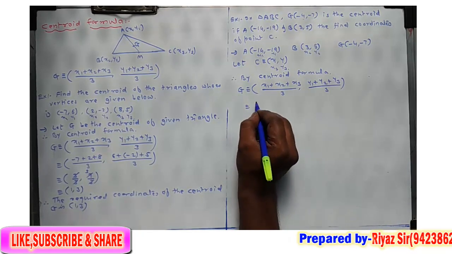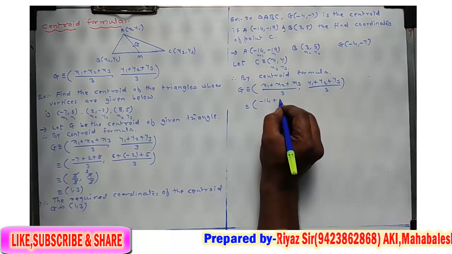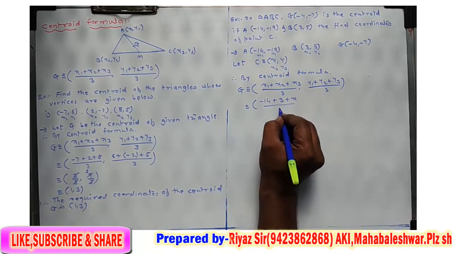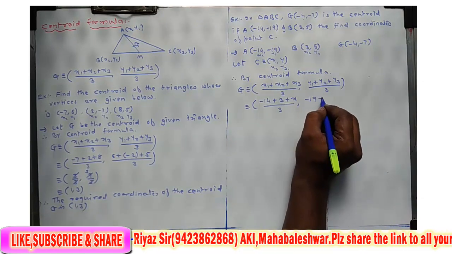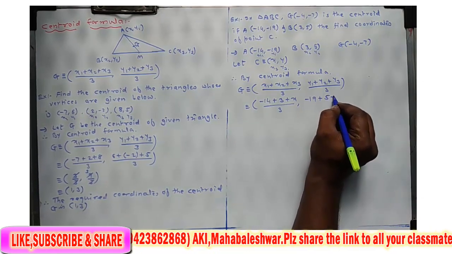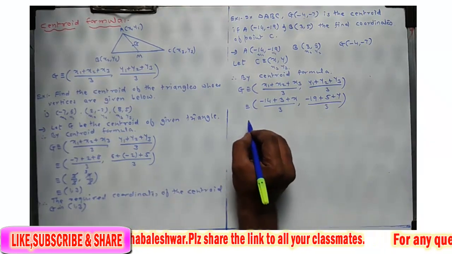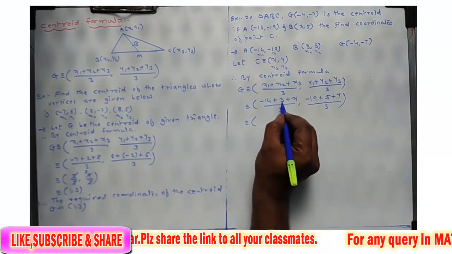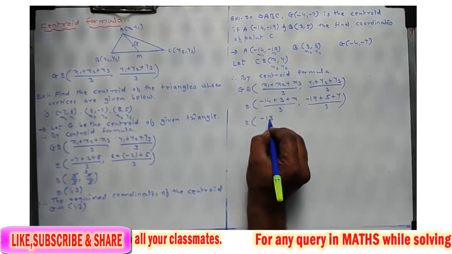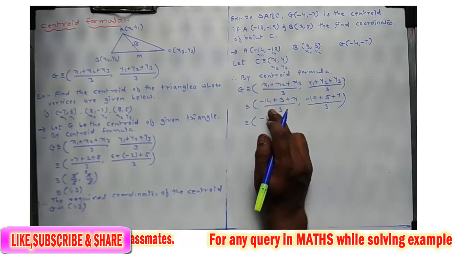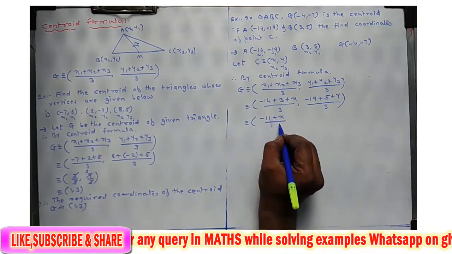That is equal to, now x1 is minus 14 plus x2 is 3 plus x upon 3, comma y1 that is minus 19 plus y2 is 5 plus y upon 3. Now we have to find x and y. Now minus 14 plus 3 is, sorry, not minus 13. How much is it? Minus 11 plus x upon 3.